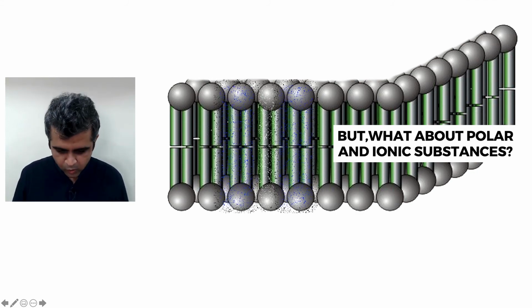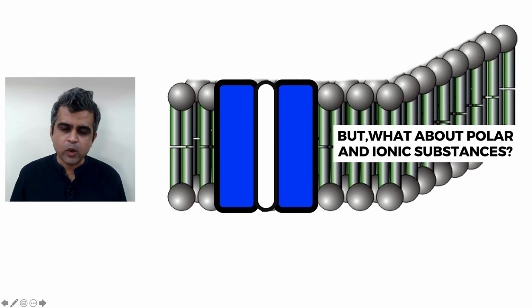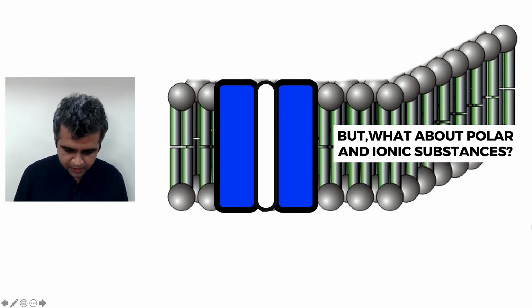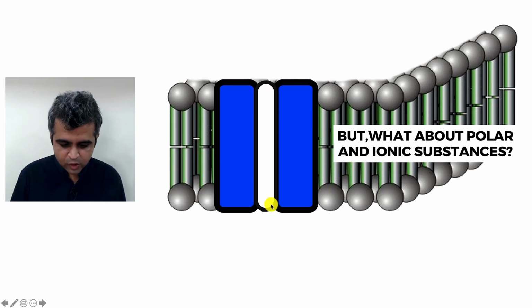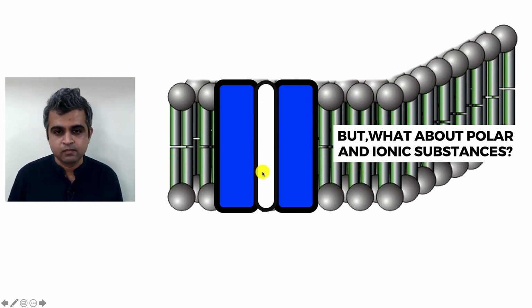So you will require some proteins with a lane in the middle, do you see it? You can see that this blue colored protein, which is here a cylinder, and inside the cylinder you will notice a space or a lumen.